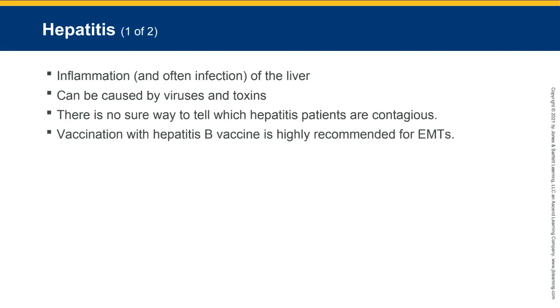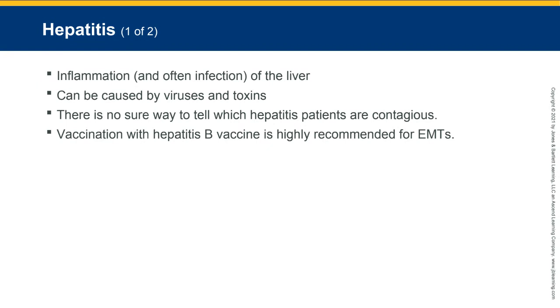Hepatitis, which is inflammation that can lead to infection of the liver, can be caused by viruses and toxins. There's no sure way to tell which hepatitis patients are contagious, so we approach all of them as if they are.